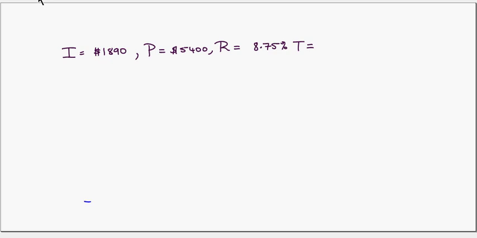And what's the time? That's unknown. That is what we have to find in this question. Do you think you could solve it? Make an attempt. Start off by using the equation: interest is equal to principal by rate by time over 100. Solve that, and tell me what you get for T.